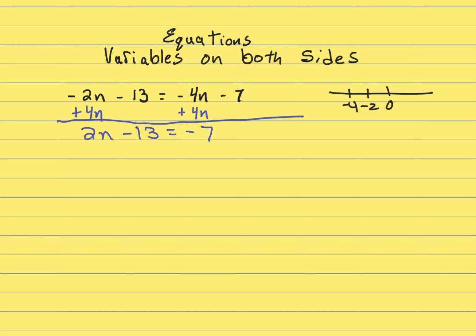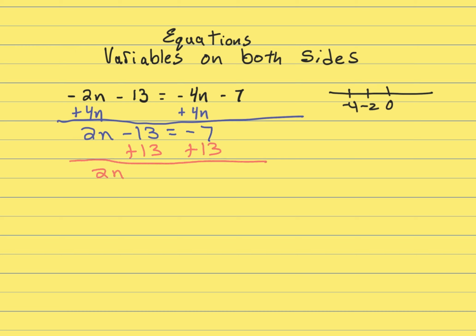Now you'll notice we're kind of where we were when we were doing the first 3 or 4 days of solving equations. We've got our variable on the left-hand side. We want to isolate that variable, so we're going to add 13 to both sides. Draw our little line there.